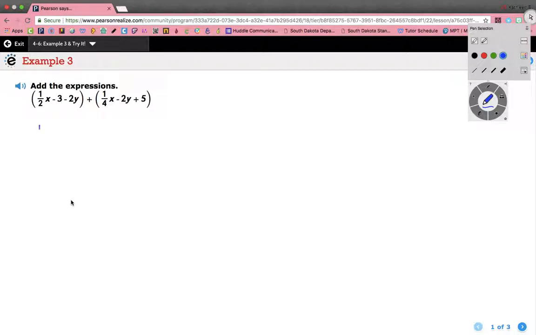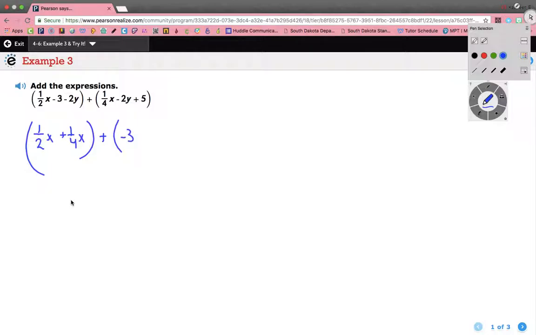So we have 1/2 x, and we have a positive 1/4 x, and we have a -3 and a +5. And we have a -2y minus 2 and another -2y. Okay, we've used the associative commutative properties to group the like terms. Now we can combine them.